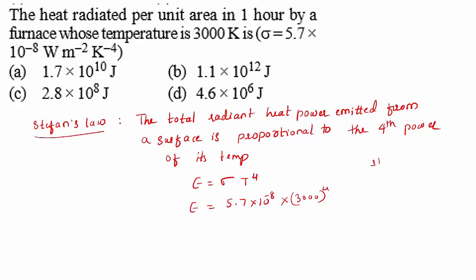So we know that 1 hour is equal to 3600 seconds. This is for 1 second, so let us multiply it by 3600 seconds. So we will get the final answer, that is 1.7 into 10 raised to 10 joules. So this is the heat radiated per unit area. So 1.7 into 10 raised to 10 joules, option A is right.